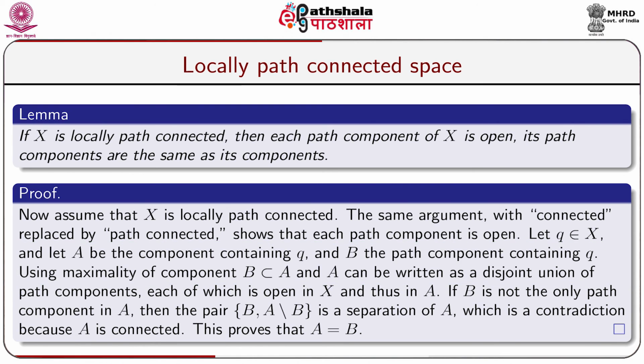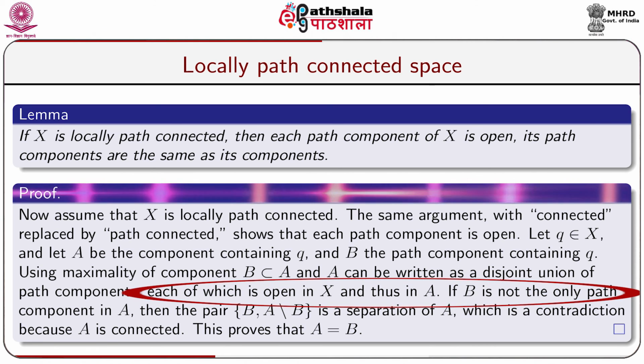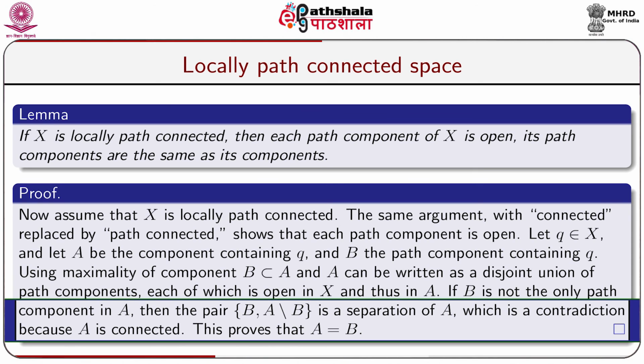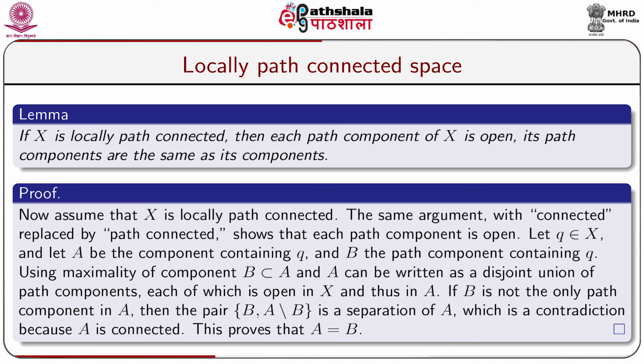Now we know that B is a subset of A and A can be written as a disjoint union of path components, each of which is open in X and thus in A. If B is not the only path component in A, then the pair B and A minus B is a separation of A, which is a contradiction because A is connected. This proves that A is equal to B.